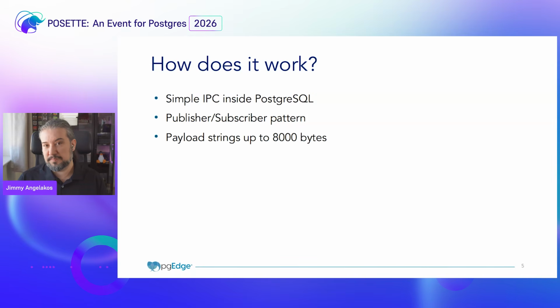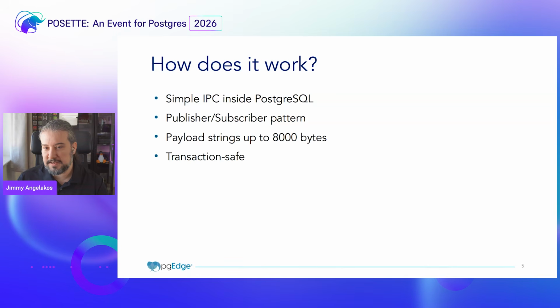It can send messages or payloads that are up to 8 kilobytes, 8,000 bytes actually. This is configurable at compile time. So it's not a hard limit. You can make Postgres send bigger payloads if you roll your own.